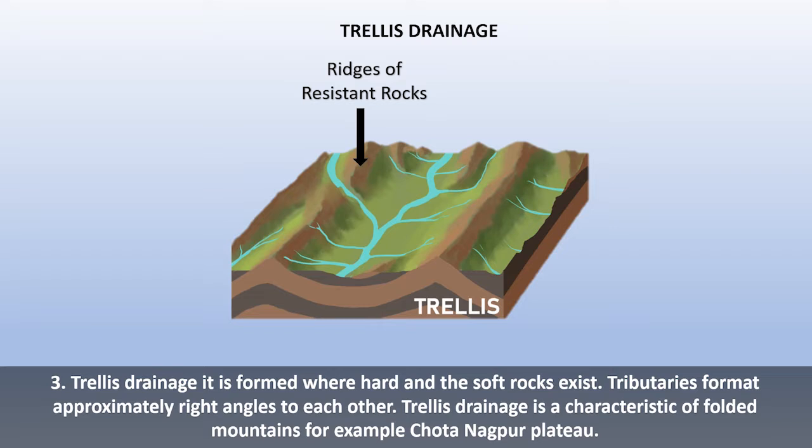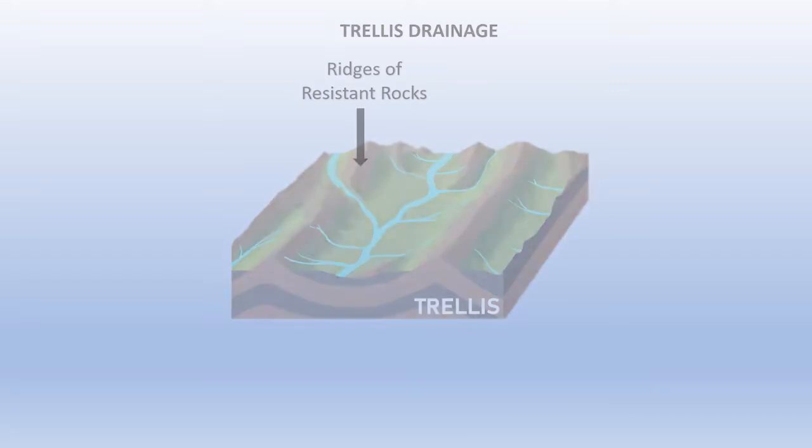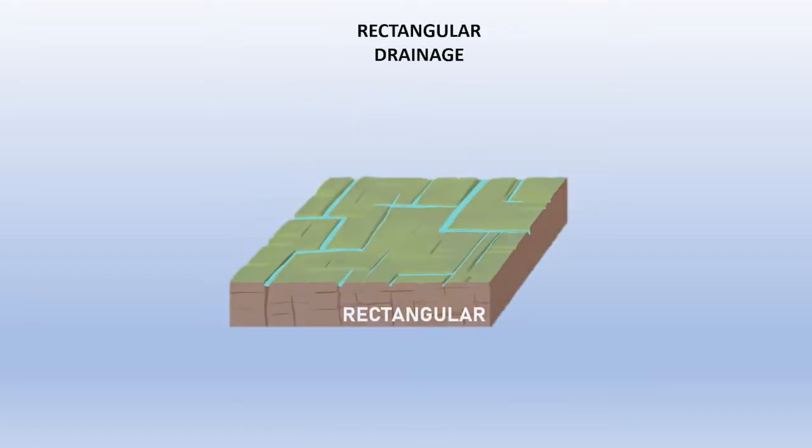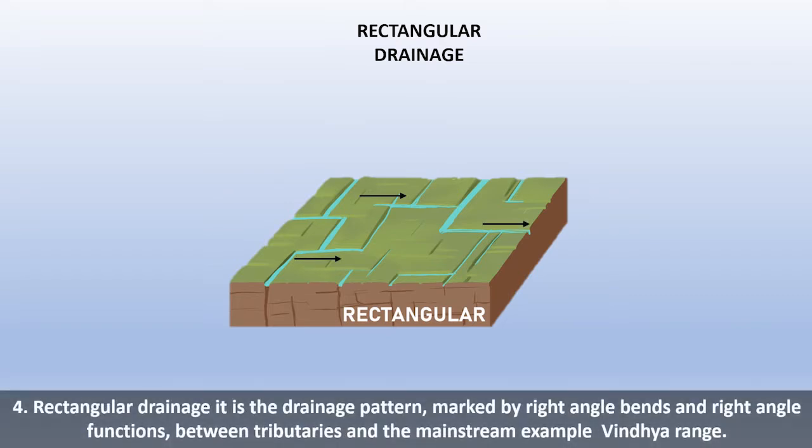The fourth type of drainage pattern observed is rectangular drainage. The unique feature of this drainage is right angle bends and right angle junctions between tributaries and the main stream. The Vindhya ranges are a perfect example of rectangular drainage.